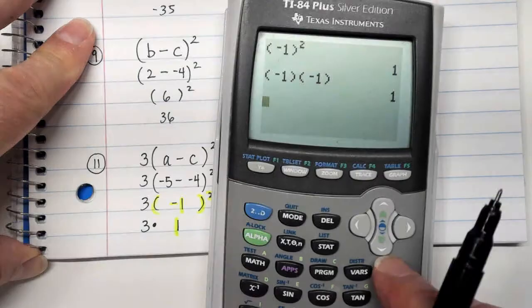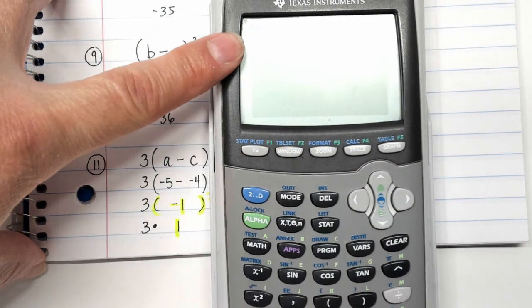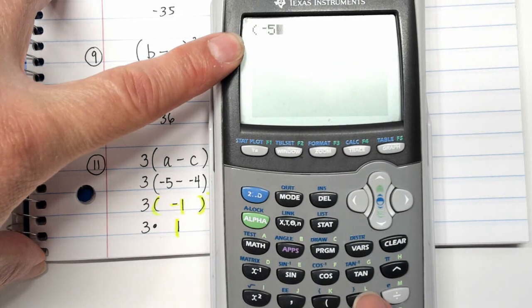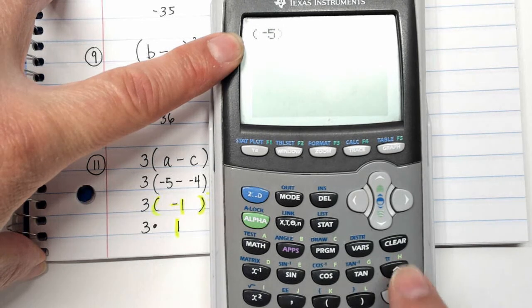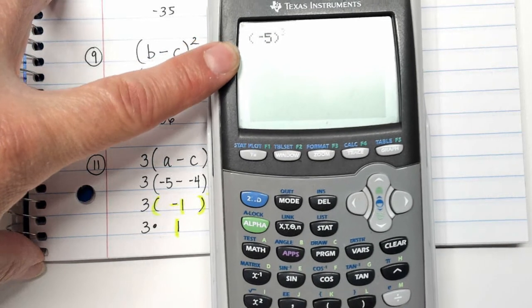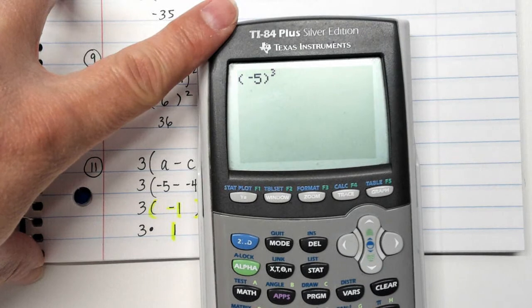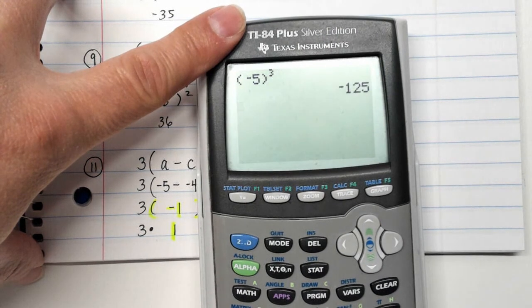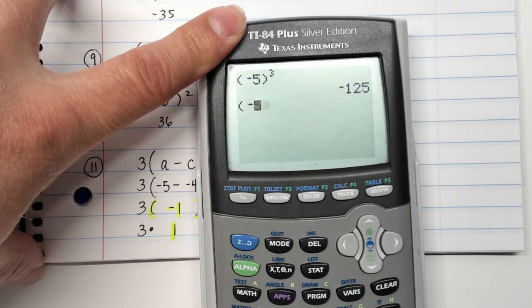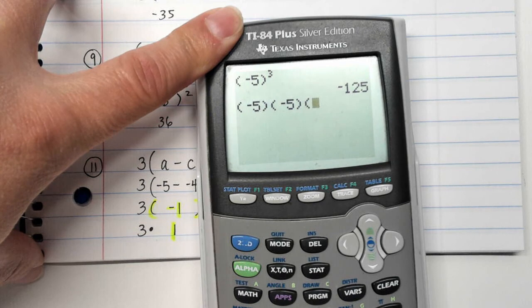For example, watch this. Let's say you got negative 5 to the power of 3. It's going to be a large number. Don't be afraid. And it really means negative 5 times negative 5 times negative 5.